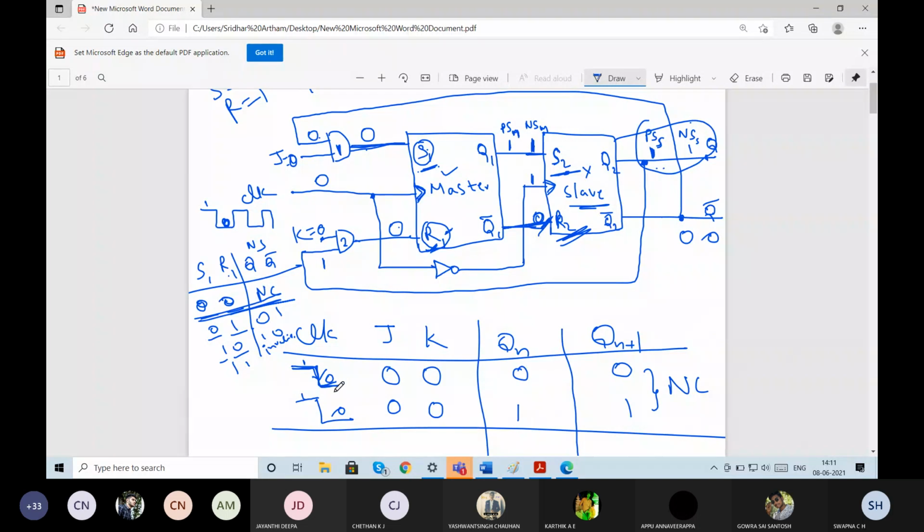Otherwise, it is not changing its state. The overall master slave JK flip flop is not changing its state. Okay, so let me just take one more case. We'll see again. I have 8 cases, so I wish that by the end of all 8 cases your doubts will be clarified. Let us see.